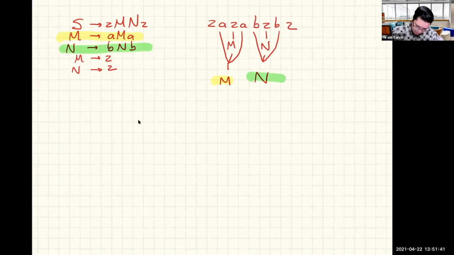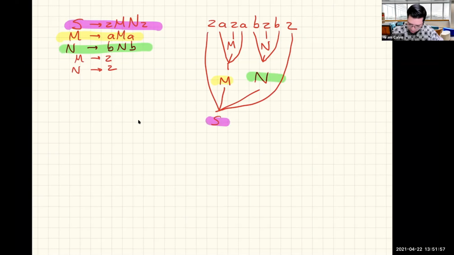And finally, we have Z, M, N, Z, and this is the first rule, this one, and this will lead me to S. Okay, so we were able to parse this string into S.